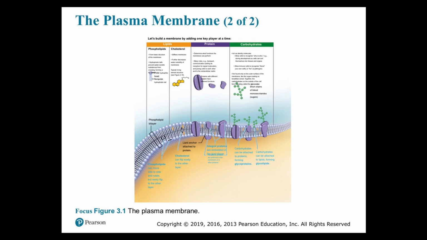And they're attached to proteins. So if they're attached to proteins, they're called glycoproteins. And if they're attached to a phospholipid, then they're called glycolipids. But both of them together, glycoproteins plus the glycolipids, are the glycocalyx.